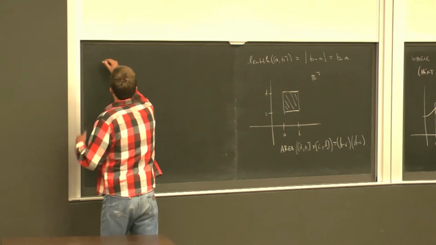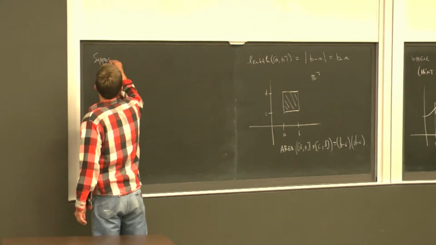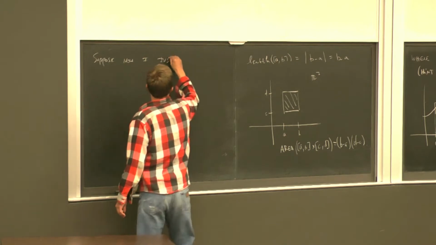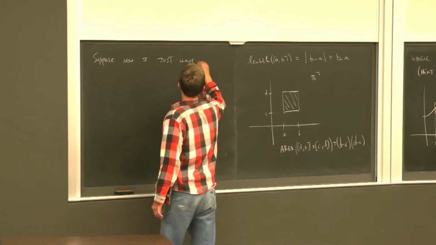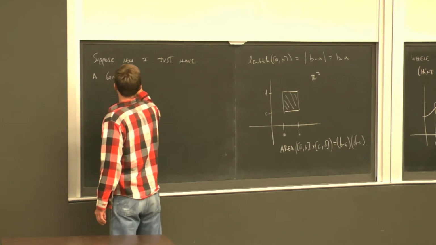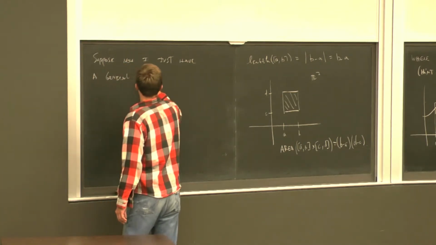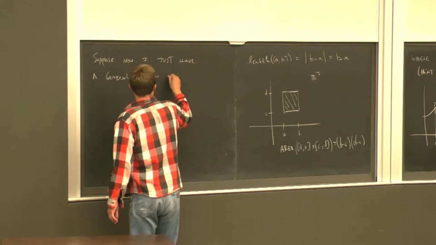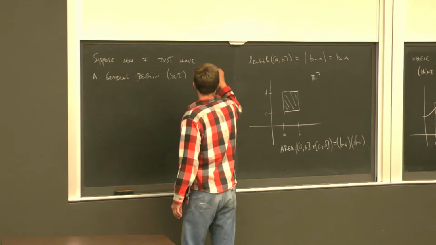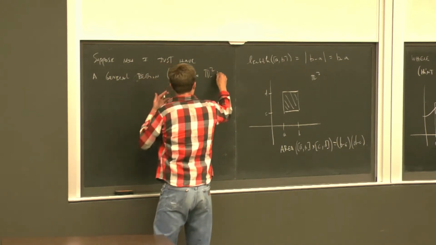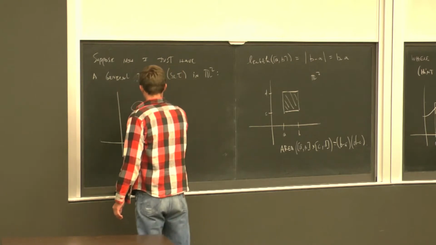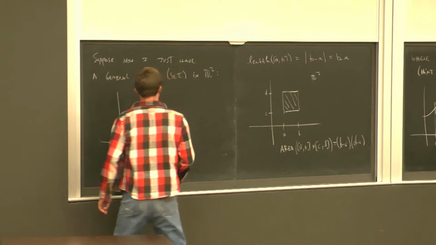And so now the question is, suppose now I just have a general region or set in R2. Right? So here's my R2, and now I just have, it's not a region underneath the curve.